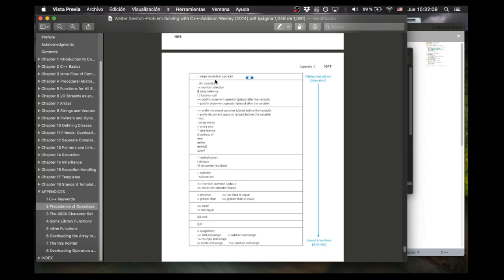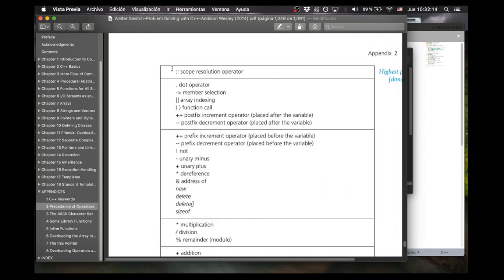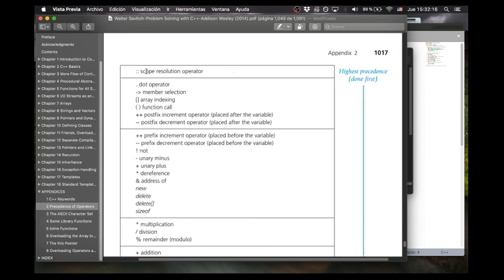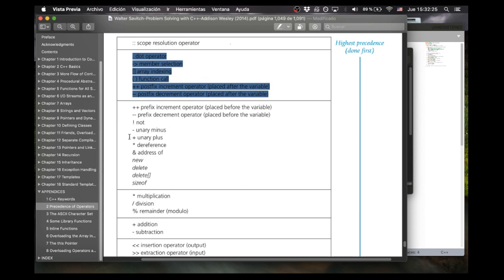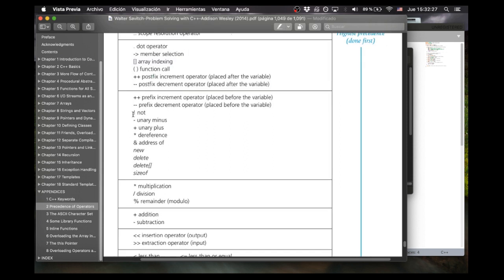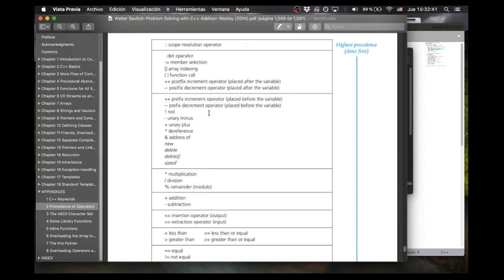This particular operator has the highest precedence, and that's these two colons, which we don't really use in this class because we use namespace std. And then these are all at different precedence levels. All of these things in each box are at the same order of precedence, so they each get done at the same time. And then you have your normal math rules: multiplication, division, remainder, addition and subtraction comes after that, and these are all from left to right unless they say otherwise.